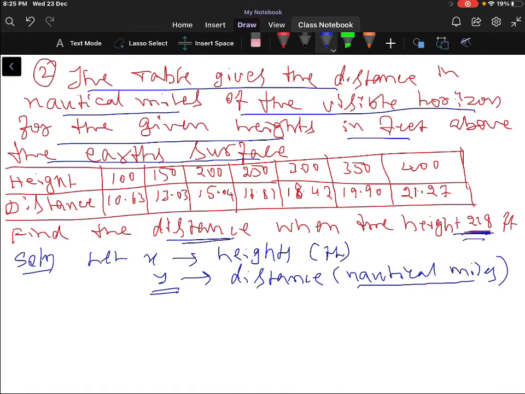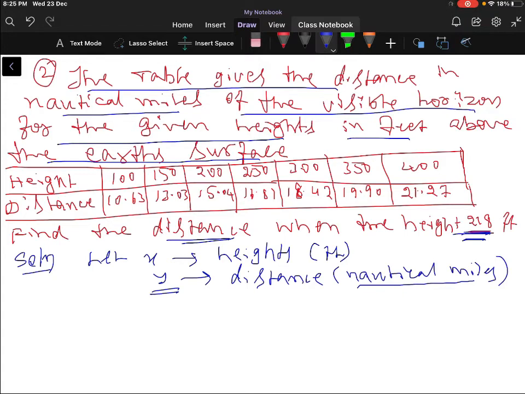So here we have to estimate the value of y at x is 218. It means you have to find out y of 218. So x is equal to 218, which is near to the initial value of the interval of heights, that is x naught is equal to 100.